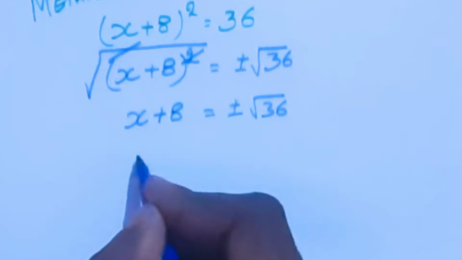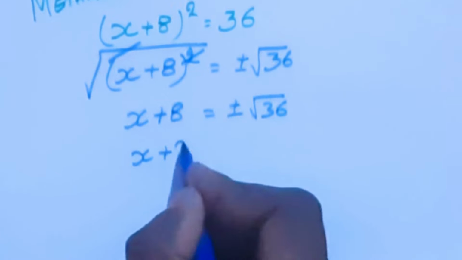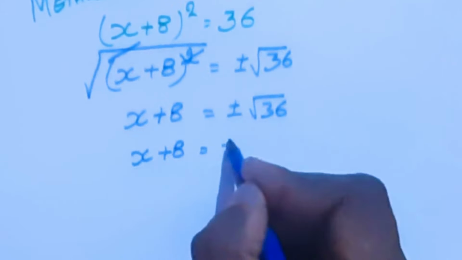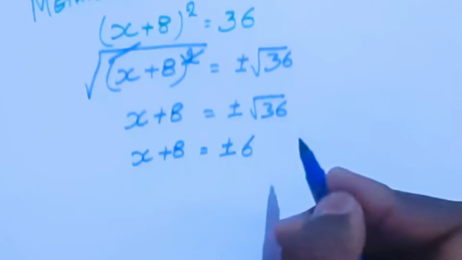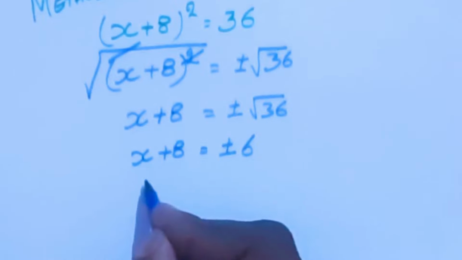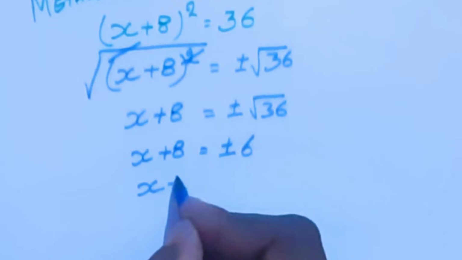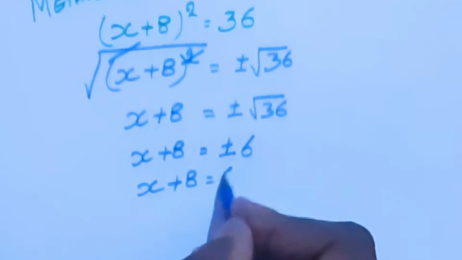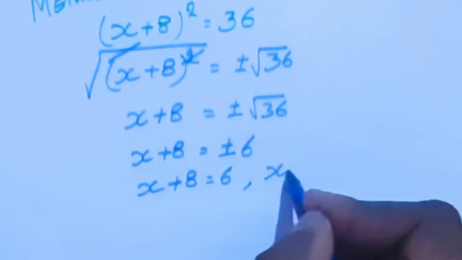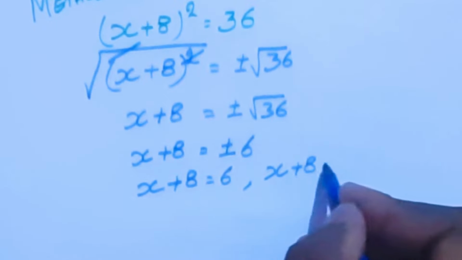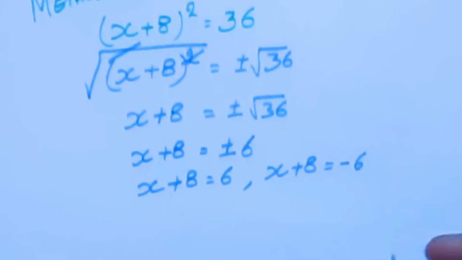Now x + 8 = plus or minus the square root of 36, which is 6. So this can be written as x + 8 = 6, and for the negative, x + 8 = -6.